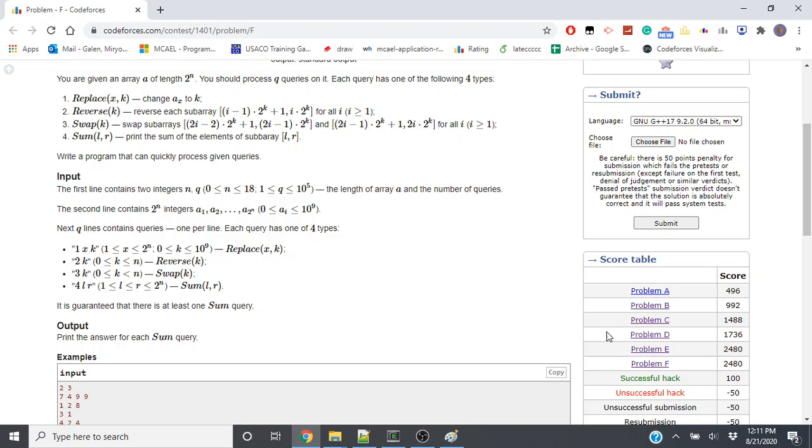I'm guessing if we do some sort of segment tree, then every range we apply is going to be affected by the queries somehow.